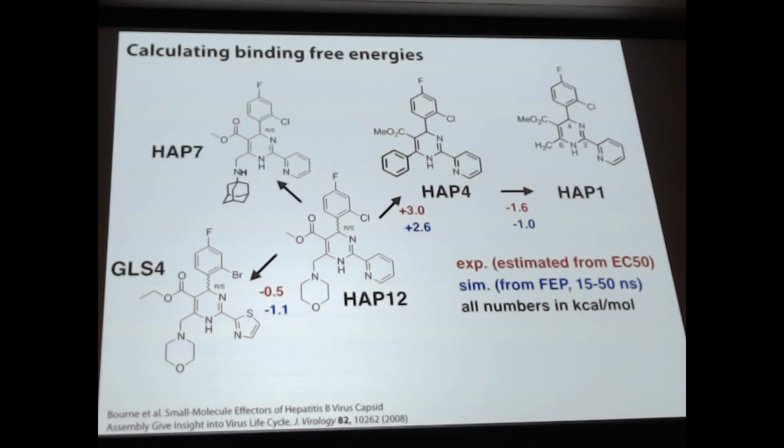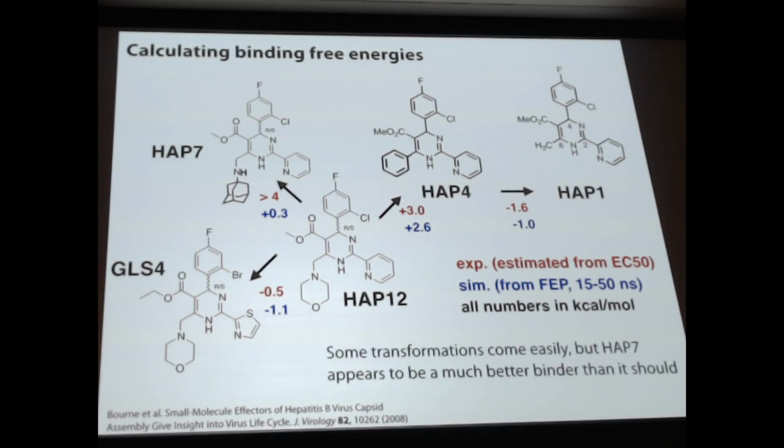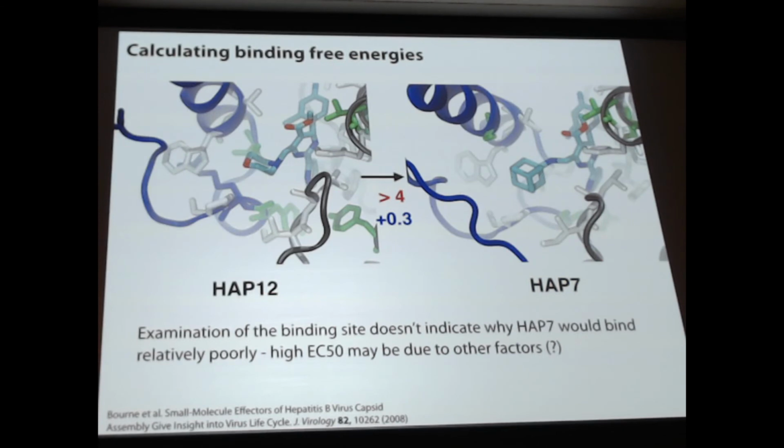But then HAP7 went a little awry. So this one, from the EC50s at least, it's predicted to be greater than 4 kcal per mole, and we only get about +3. So, why is that? We're digging into the simulations a little bit. When we look at the binding site, here's the difference between HAP12 and HAP7, this group.